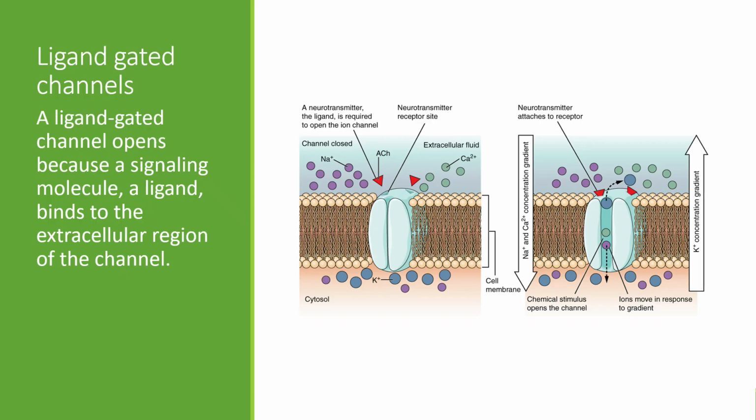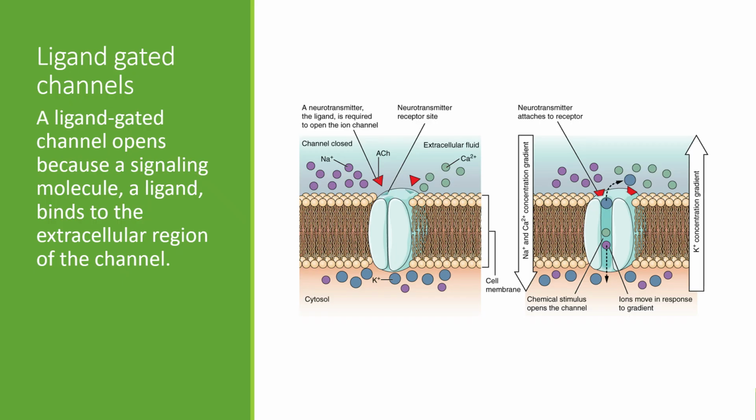So let's talk a little bit more specifically about some of those channel proteins. They come in 3 different varieties. The first one's called a ligand-gated channel. A ligand-gated channel opens because a signaling molecule, what we call the ligand, binds to the extracellular region on the outside of the cell. In our picture right here, we have our little integral protein.